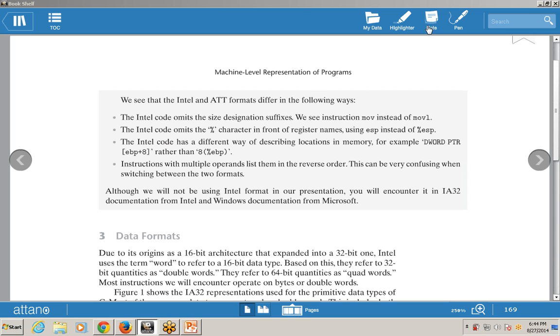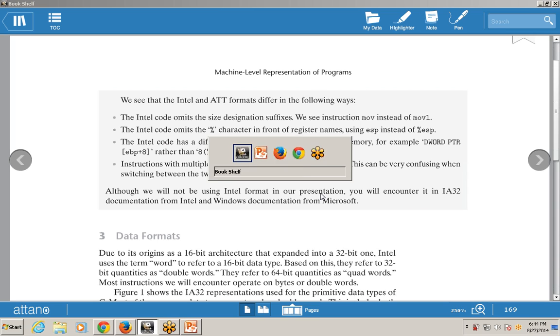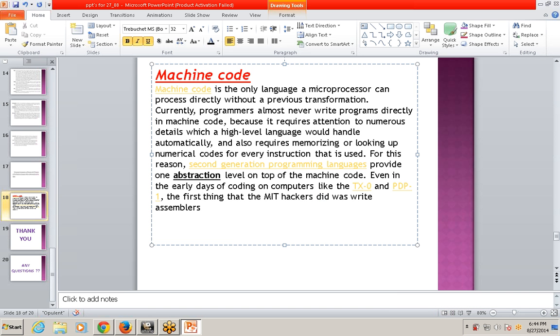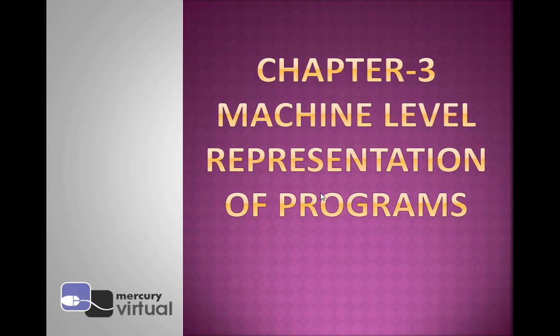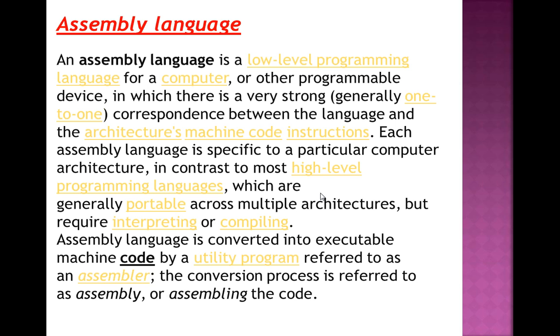So let's take a quick review of what we have covered in today's class. In today's class, I started with chapter number 3, that is machine level representation of programs.